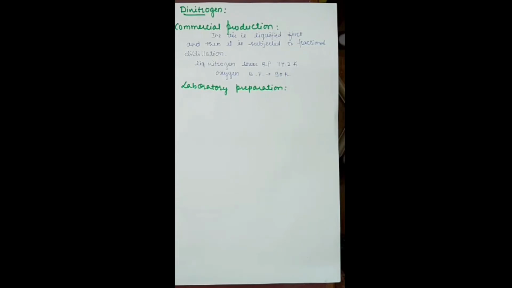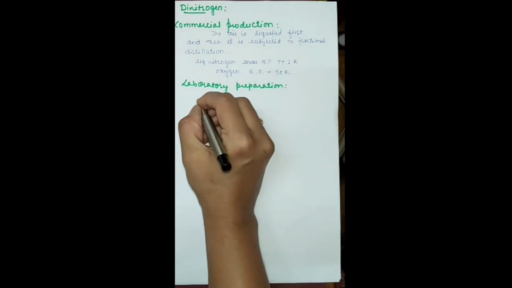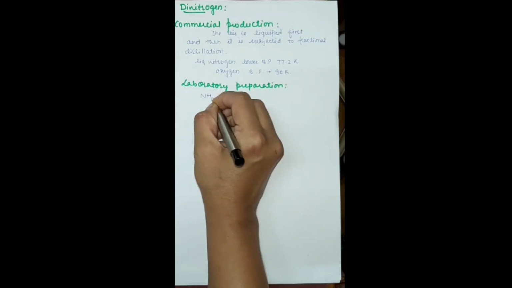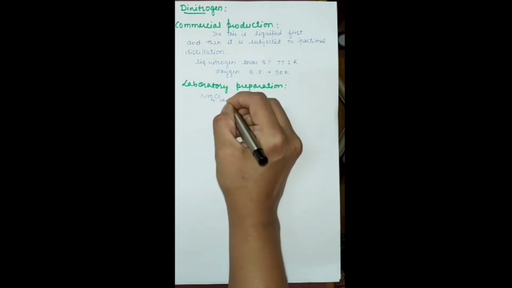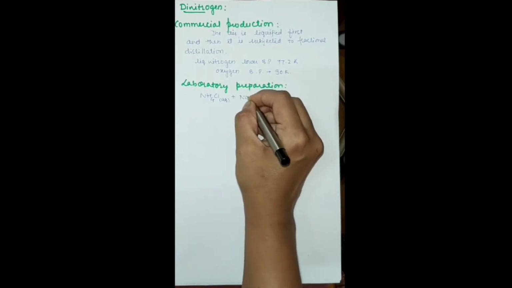And the second method is laboratory preparation. In the laboratory, nitrogen is prepared by treating an aqueous solution of ammonium chloride with sodium nitrite.